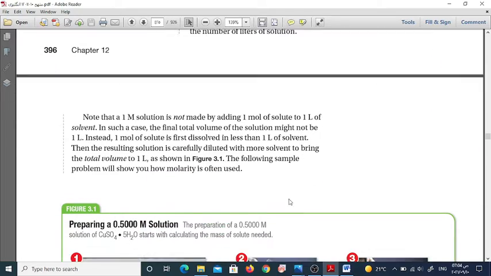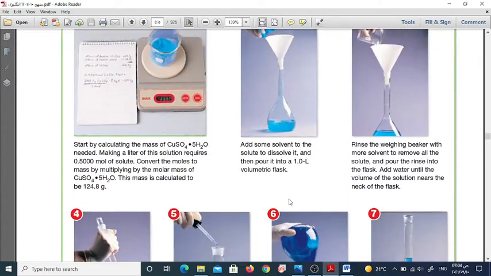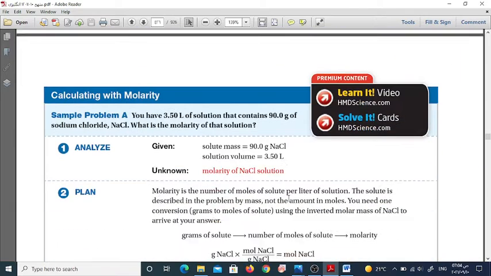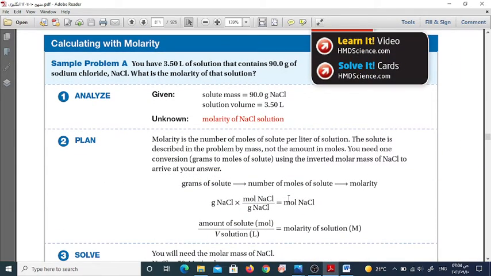Let us have some practical examples. In this solved example, you have 3.5 liters of solution that contains 90 grams of sodium chloride, NaCl. What is the molarity of the solution?